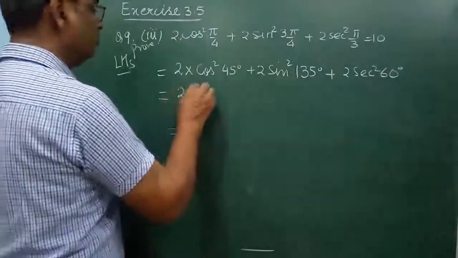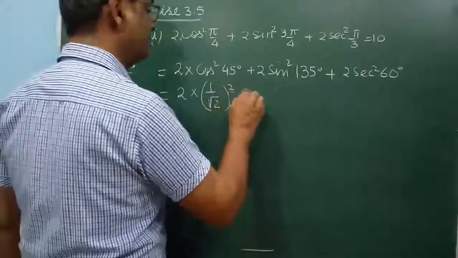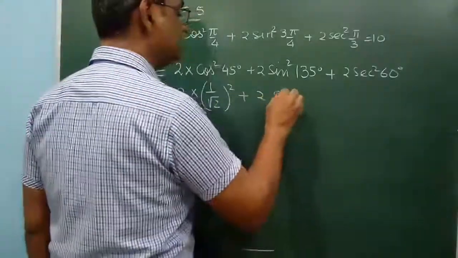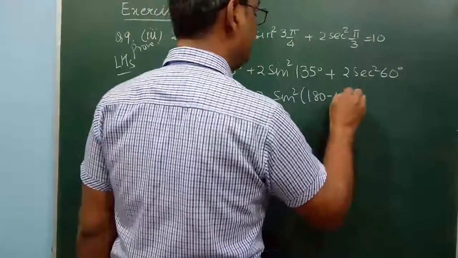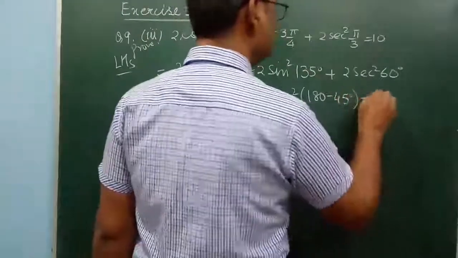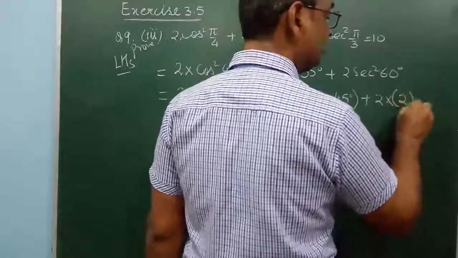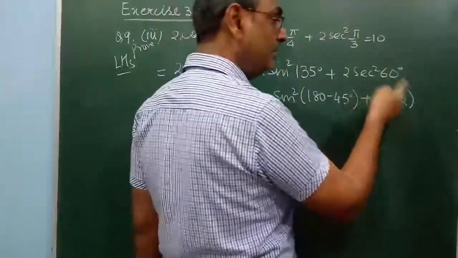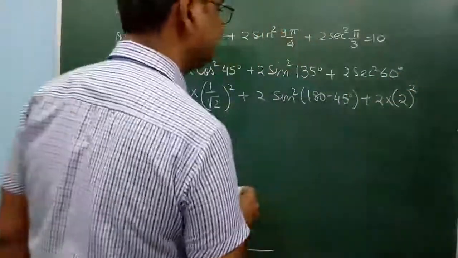So 2 into, this is 1 by root 2 whole square plus 2 into, this is sin square 180 minus 45 plus 2 into sec 60, cos 60 is 1 by 2, sec is reciprocal of cos, so therefore it is 2 square.